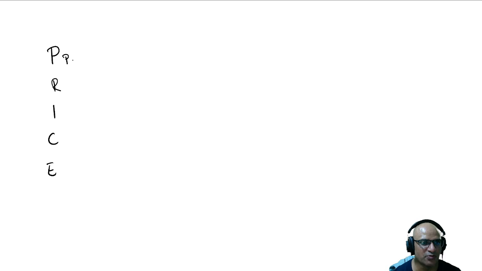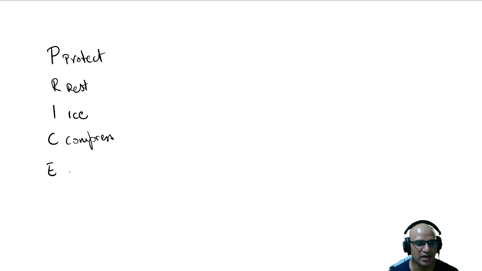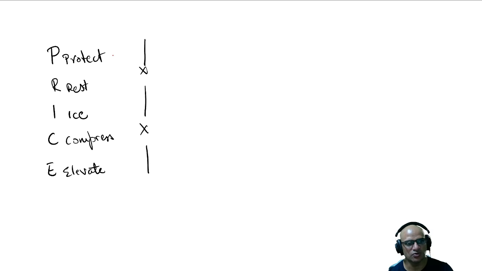P stands for protect, R stands for rest, I stands for ice, C stands for compress, and E stands for elevate. And we as trainers only follow this, irrespective of what the injury is. We only do this particular protocol.